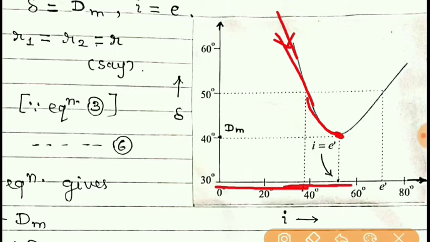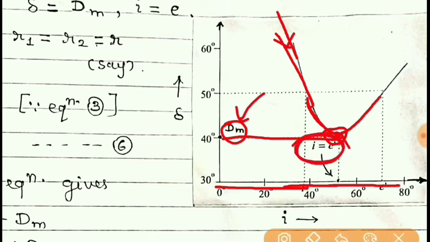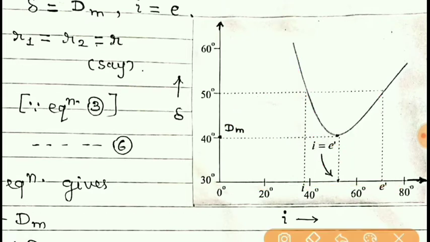Once again, if you go on increasing that incident angle, then deviation will not decrease. Now the reverse process will occur. Deviation will once again increase, and this point at which the deviation is minimum is denoted by dm, that is angle of minimum deviation. And remember students, when the minimum deviation occurs, at that time the angle of incidence and angle of emergence become equal.